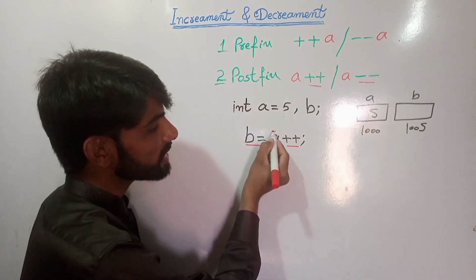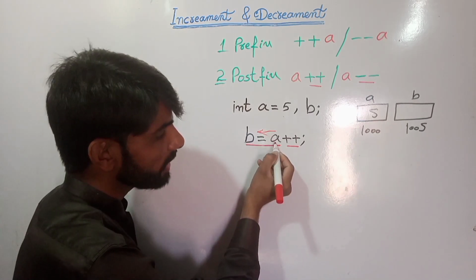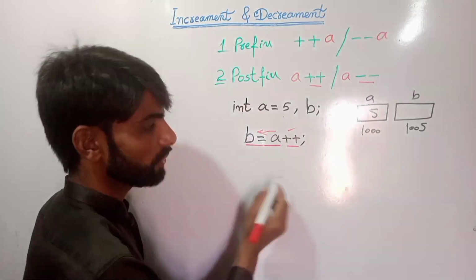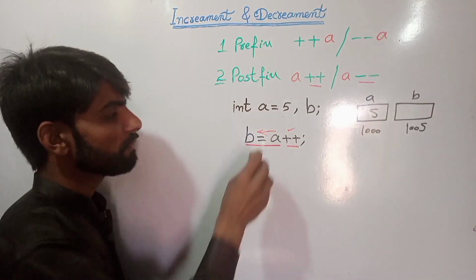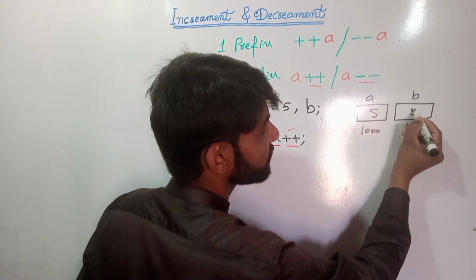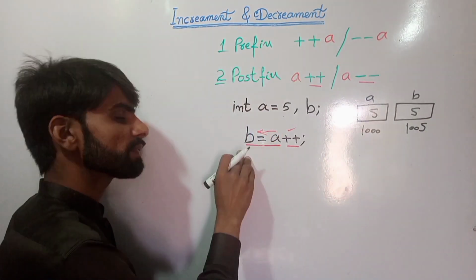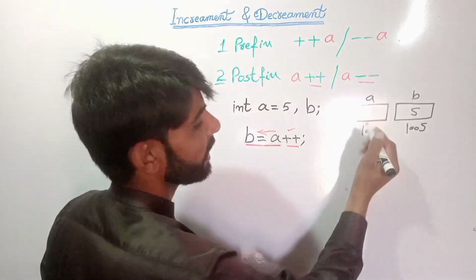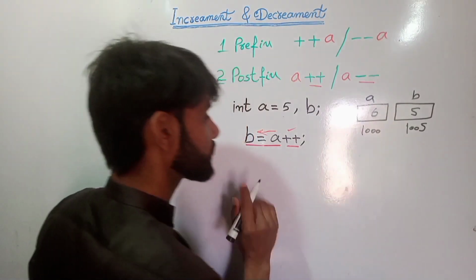In this execution, first the value of A is assigned to B, and after that the value of A is increased to 6, right?